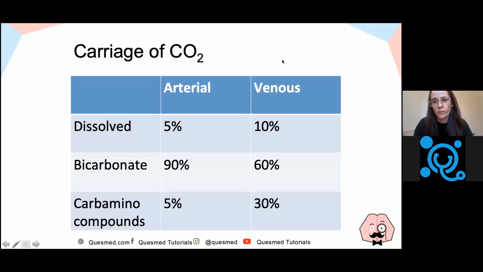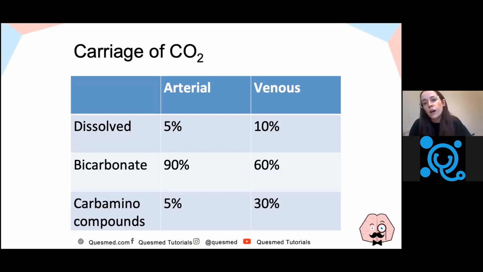So here's our table in terms of how carbon dioxide is mostly carried in the blood. Whereas we've already established by the equation we've just gone through that the majority of oxygen carried in the blood is bound to hemoglobin, the majority of carbon dioxide is actually carried in the blood as bicarbonate.